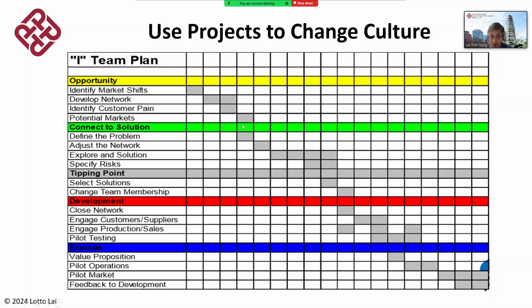Connect to solution: you need to define the problem, address the network, and explore solutions. The turning point is that the decision maker needs to help select the solution and change the team membership. And then go to development: closing the network, engaging the customer and supplier, and then production and sales involvement, pilot test. The last stage is execution: the value proposition, pilot operation, pilot marketing, and then feedback to the development.